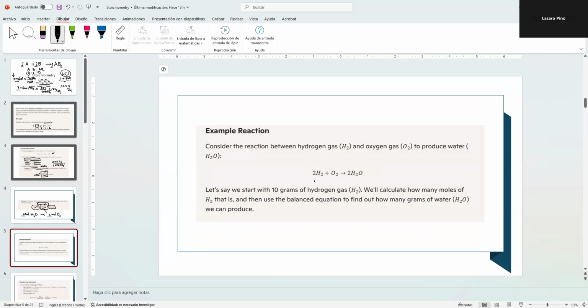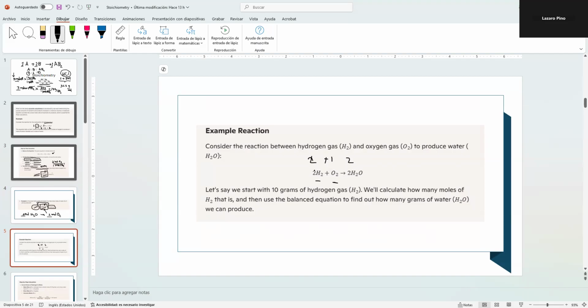Now consider the reaction between hydrogen and oxygen to produce water. In this case, the ratio is 2 moles of dihydrogen reacts with 1 mole of dioxygen and produces 2 moles of water.